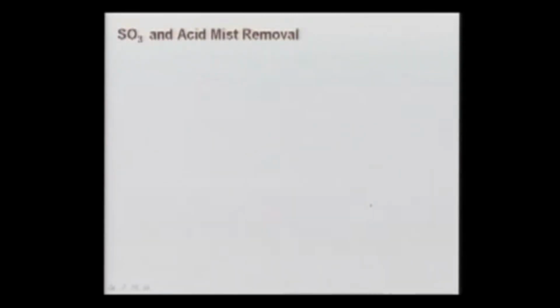Apart from that SO2, some of the acid mist, as you see here, will be emitted. Why is the acid mist emitted? For two reasons. Suppose the partial pressure of the SO3 becomes higher in the absorbing tower, and suppose you also have some moisture in the absorbing tower.